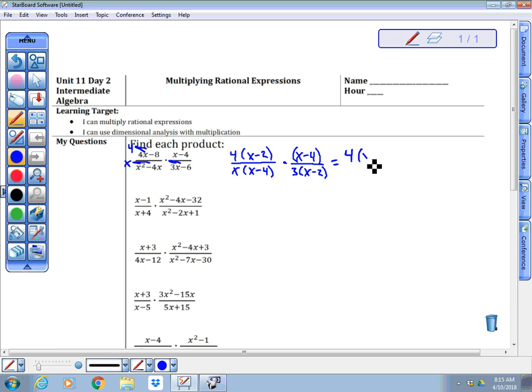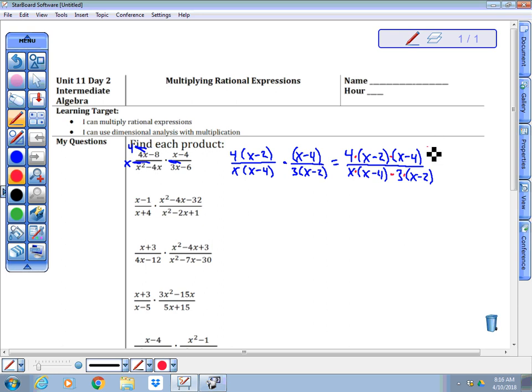Now on multiplication, you should realize, and I'm going to extend this out even though you probably don't have to do this every time, to help you have a better understanding, that it is everything on top multiplied together and everything on the bottom multiplied together. Now if I have tops and bottoms with multiplication symbols in between each part, then I may cancel tops and bottoms of the exact same.